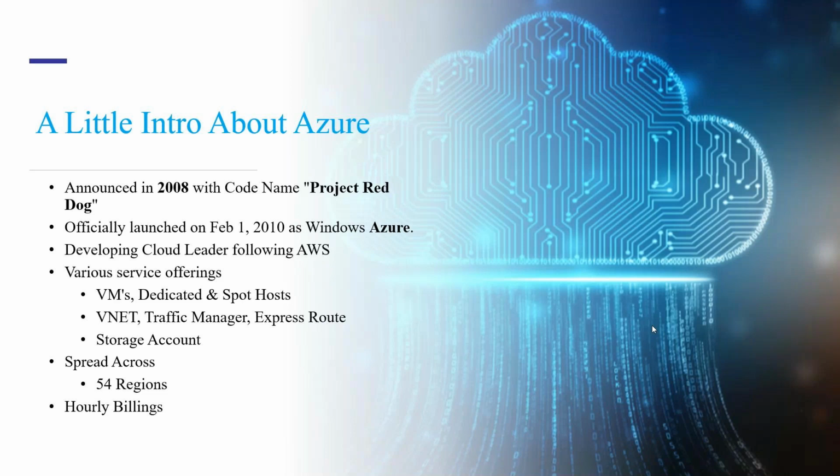Microsoft also came up with various services like VMs, networks, IaaS, PaaS, database as a service, recovery as a service, ETL tools, or SAP, Oracle, MySQL, PostgreSQL. Whatever you can do in AWS, the same thing you can do in Azure as well.